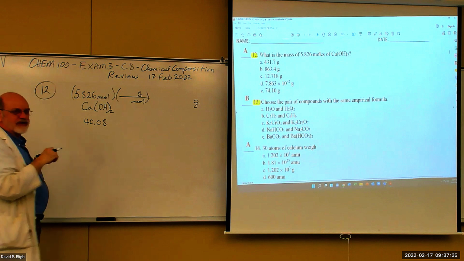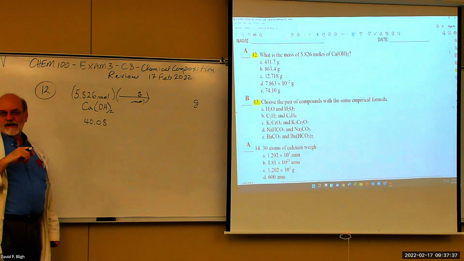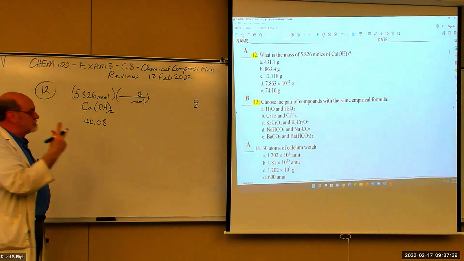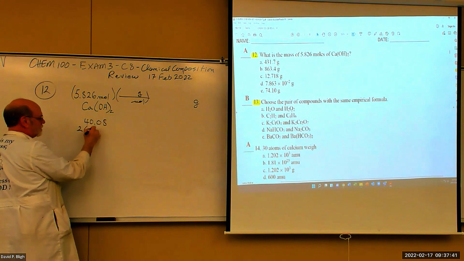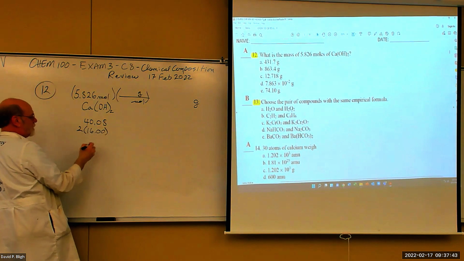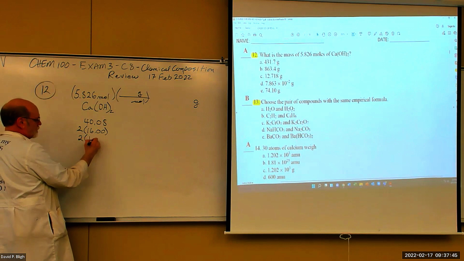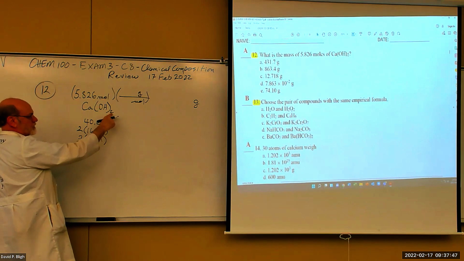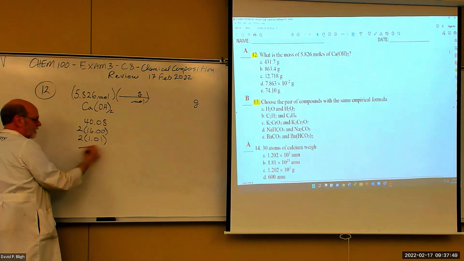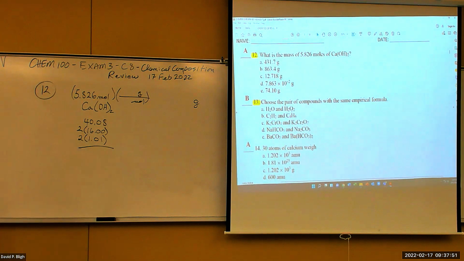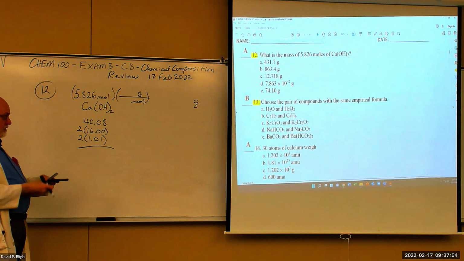How many oxygens do we have? 2. How many hydrogens do we have? Also 2, because we have this subscript. Now we can find out what calcium hydroxide weighs per mole.